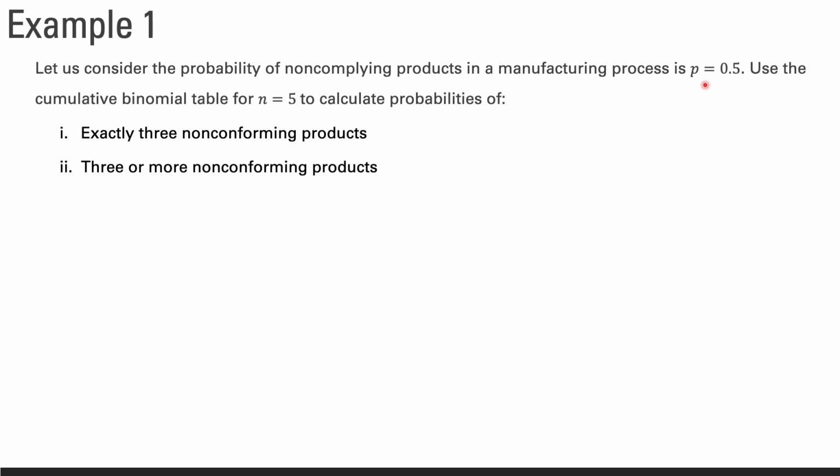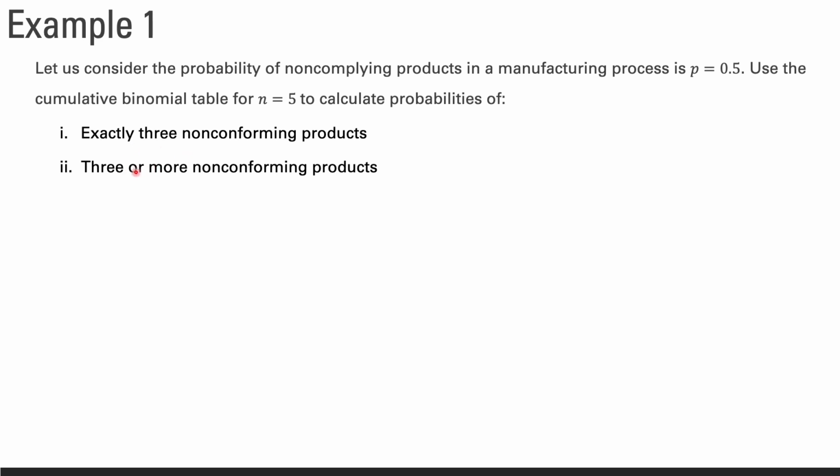Now we are told to find the probability of finding exactly 3 non-conforming products in a sample of n = 5. So we have a sample of 5, and what is the probability that out of those 5 we will find 3 non-conforming products?